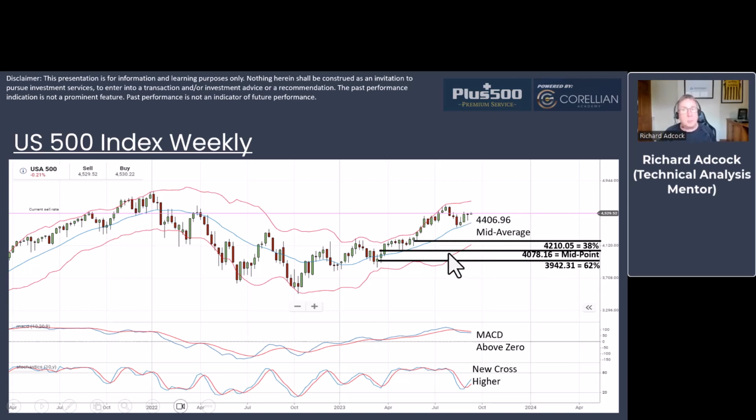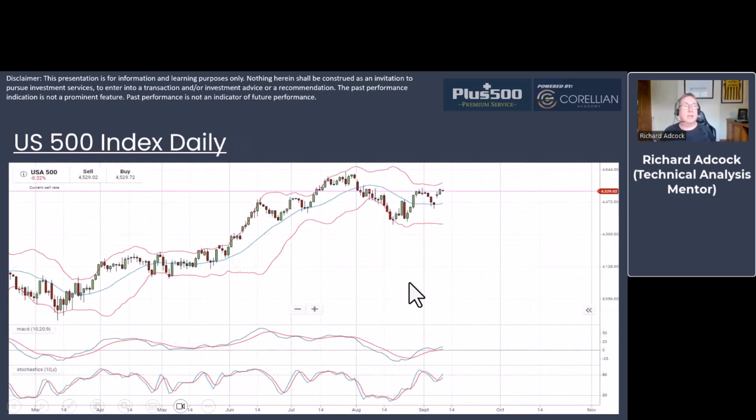But if we were to break to the downside, then it's this 4210 first retracement level that would be the major longer term support point, and an area again where we would expect buyers to re-emerge. But certainly comparing the two between the Germany 40 and the US 500, there's reason to perhaps look for the US markets to outperform Europe within this current backdrop.